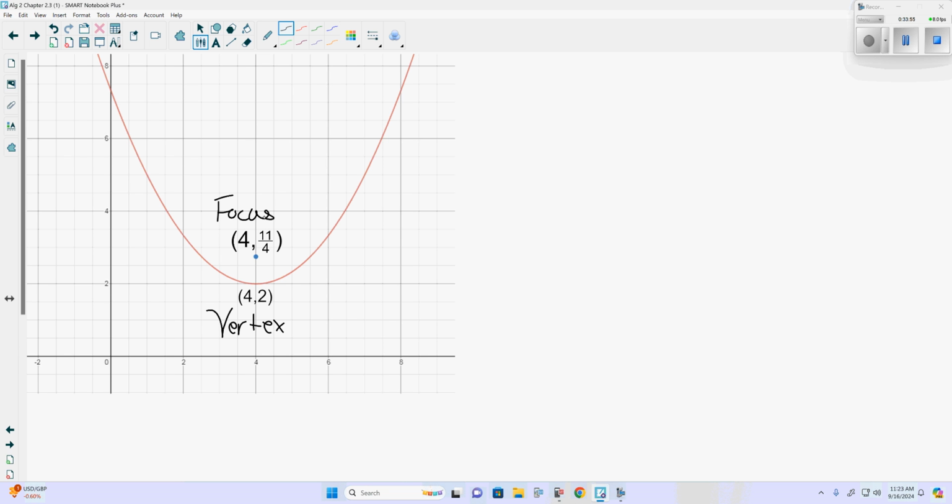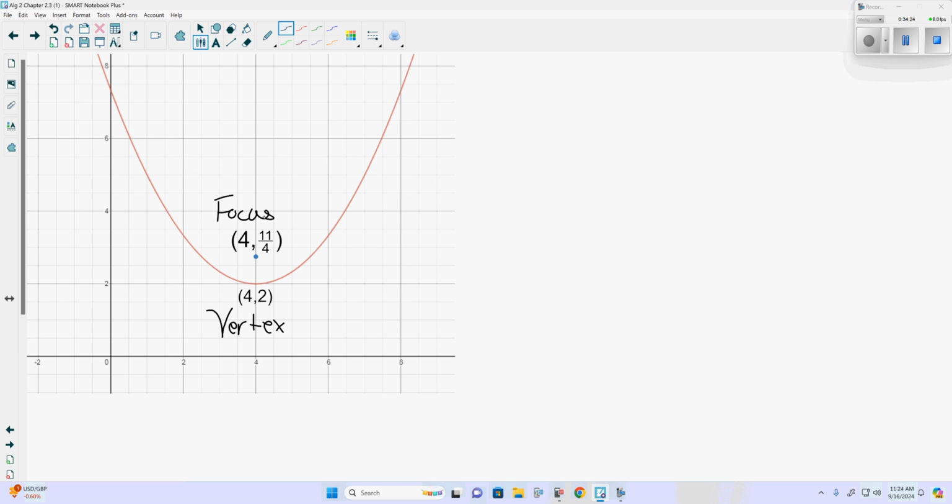Another, if we look at the vertex and focus, does the x value change or the y value from vertex to focus? Does the first value or the second value change? Second, because our x, that first value, is still 4 in both, yes? First one's h, second one's h. But the second value, our y value, goes from 2 to 11/4.